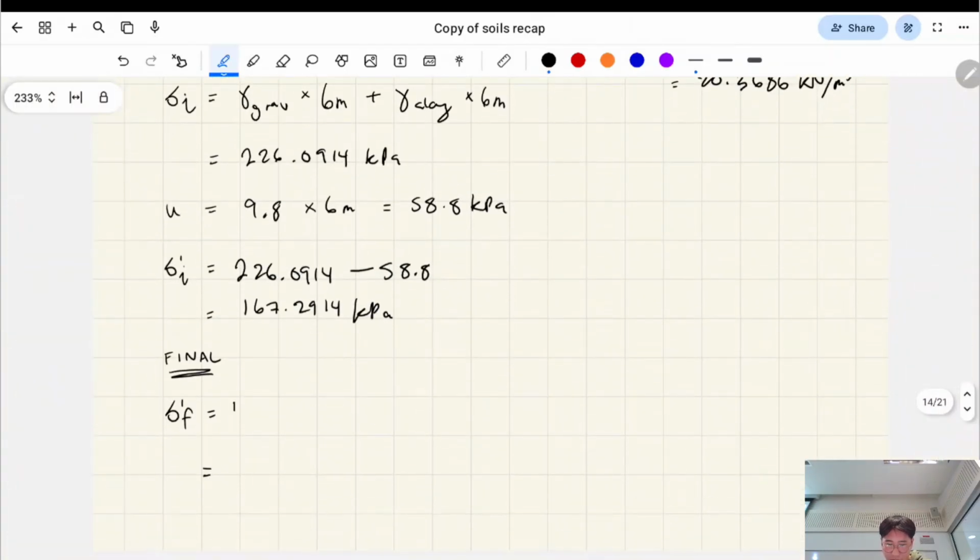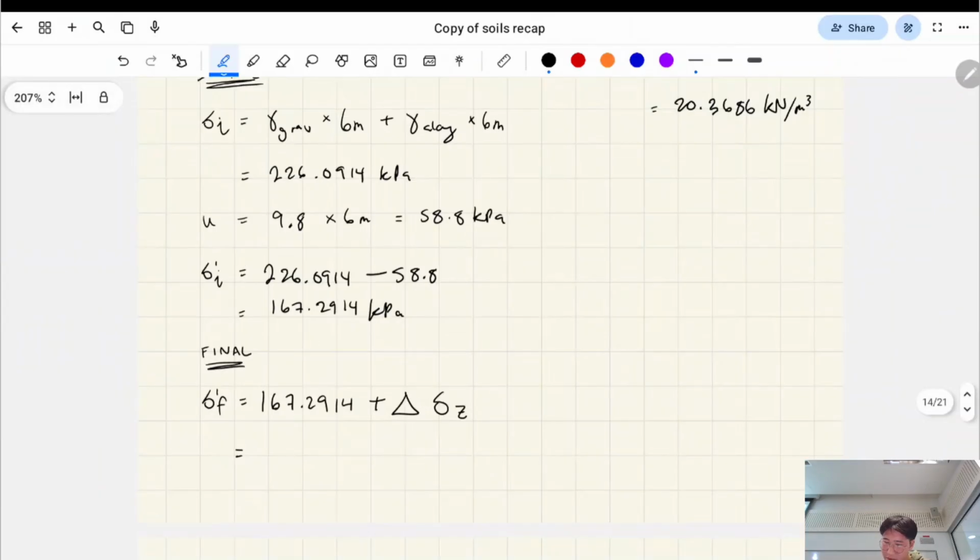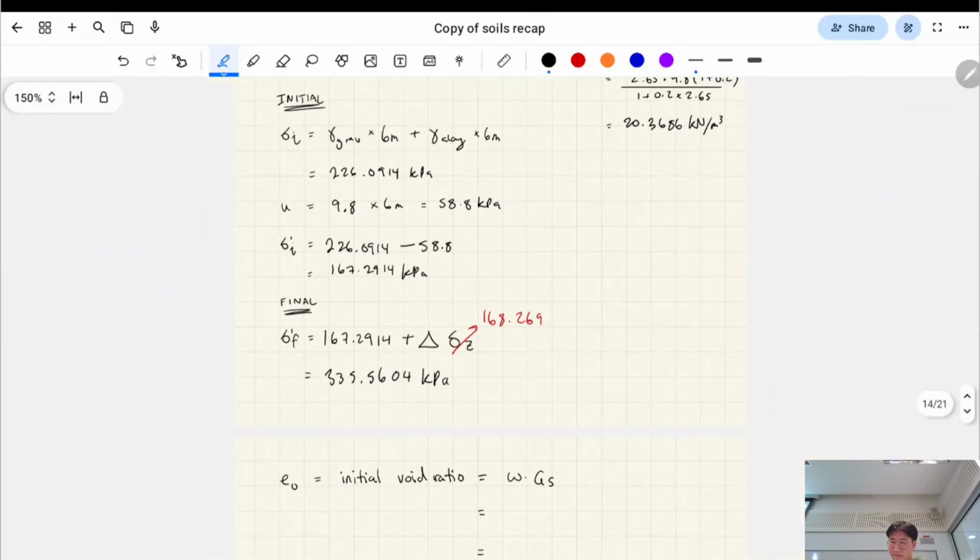Now the final, we simply add on delta sigma z. So that's from our 2 to 1 method, remember? That's 168.269, like that. So we have an increase in stress due to the loading of our platform, which makes sense, right? So we have the stress of what it originally was before the platform was built, and then we've calculated the effective stress of what it is after.